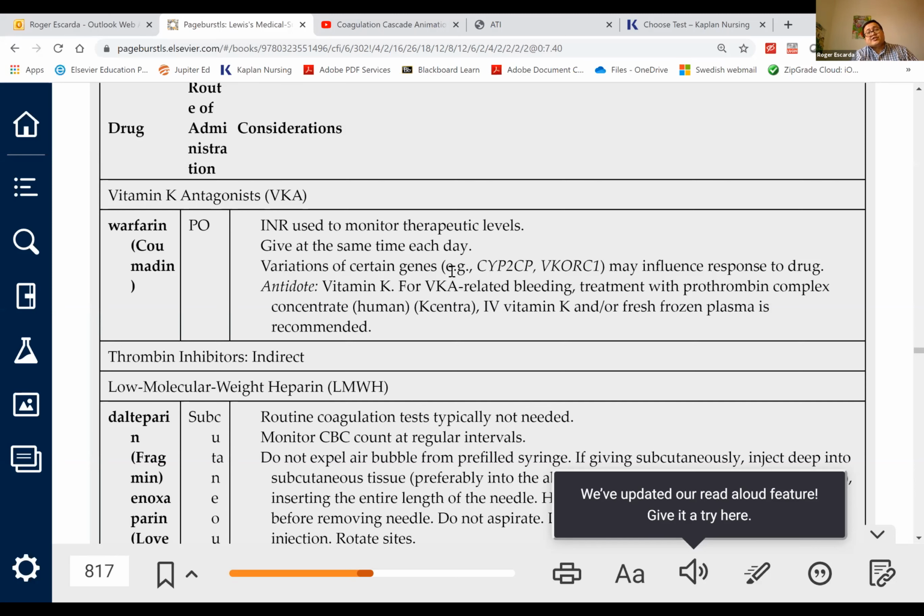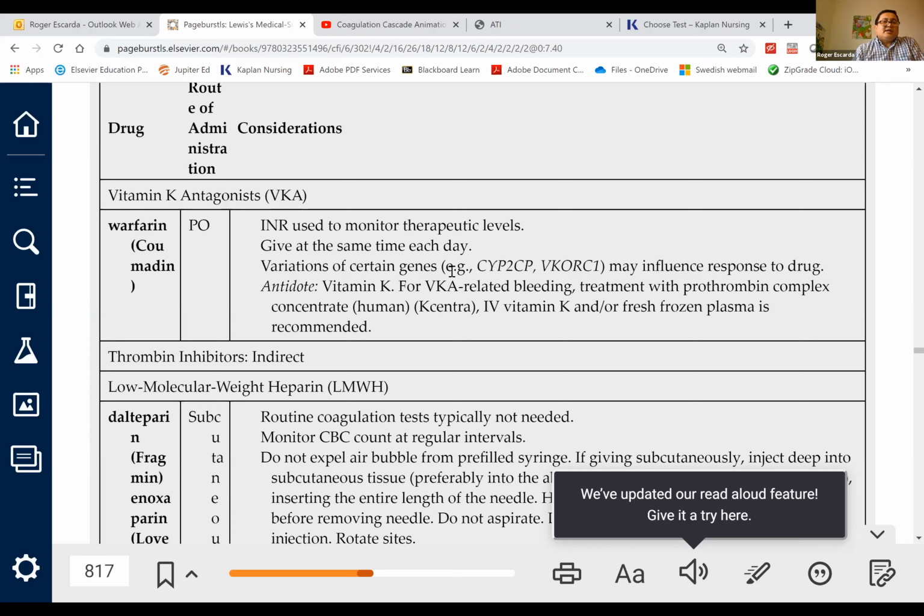So there are only certain factors that are vitamin K dependent. So although it won't totally prevent the body from clotting, at least it won't let the body bleed either. Okay.